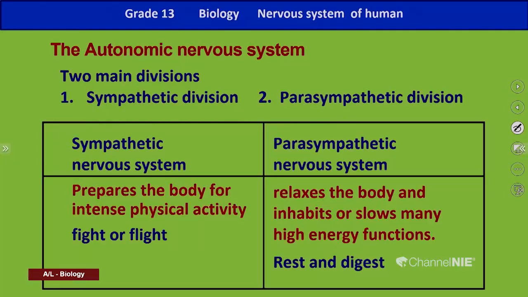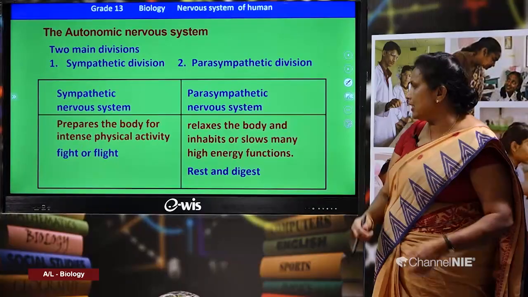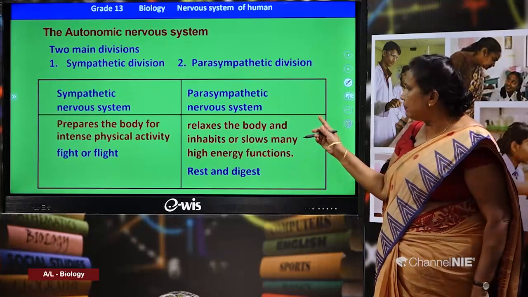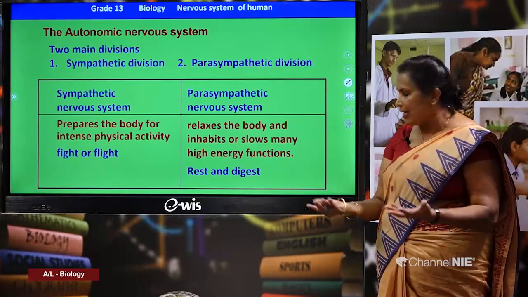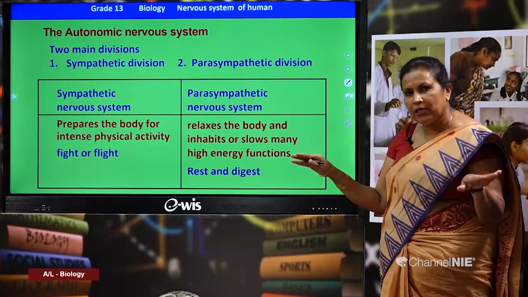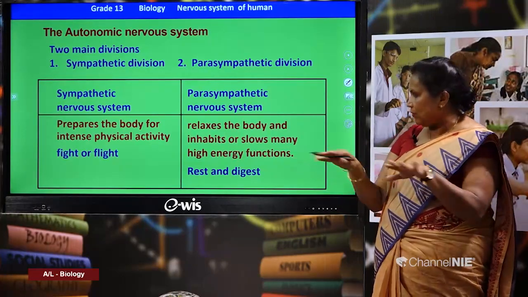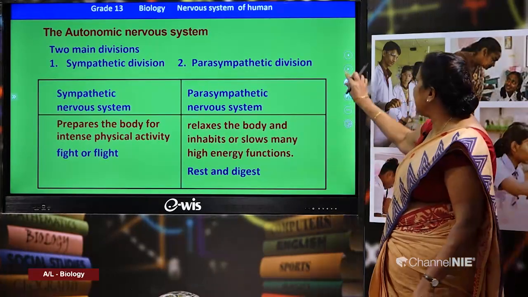Now, we are going to study the autonomic nervous system. It has two main divisions, sympathetic and parasympathetic. The sympathetic nervous system is mainly for fight and flight, and prepares the body for intense physical activity or certain emergency conditions. The parasympathetic nervous system is for relaxing and digestion, the normal resting processes in the body, rest and digest.